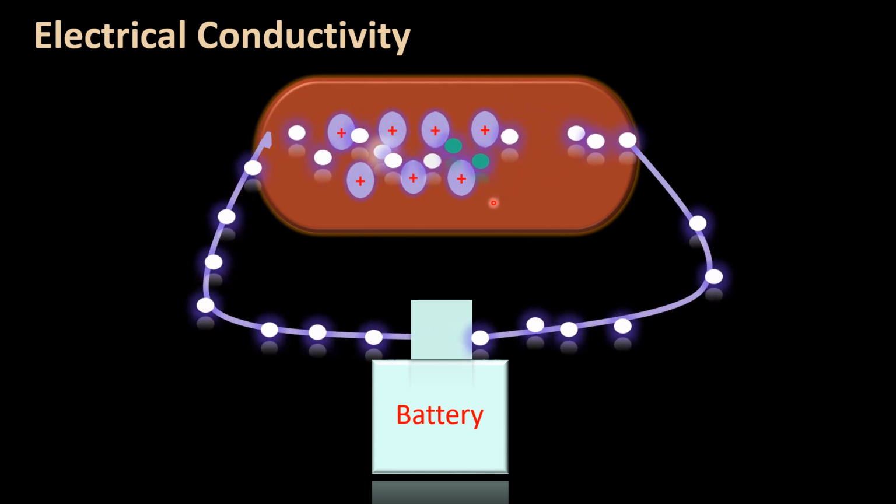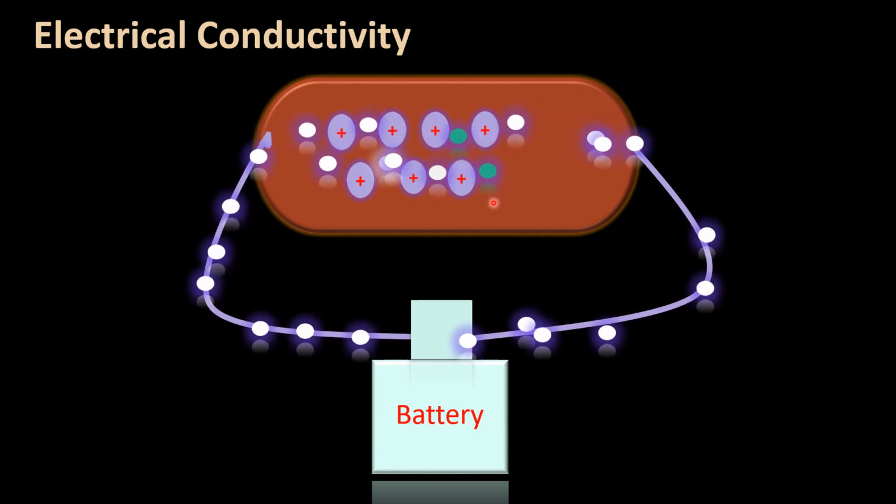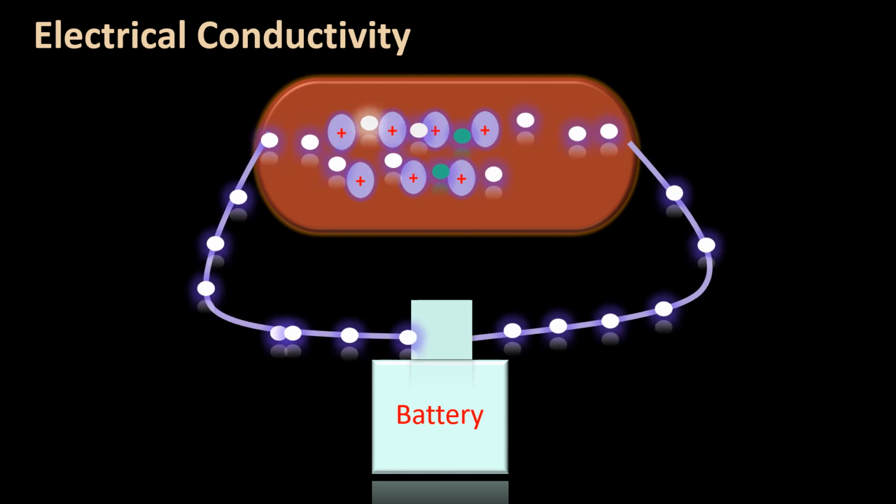So under the potential difference, in copper wire, the electrons are readily available to conduct electricity. So the electrical conduction is due to the metallic bonding and due to this free electron sea. So this is one of the properties of metals, that its electrical conductivity is due to its metallic bonding.